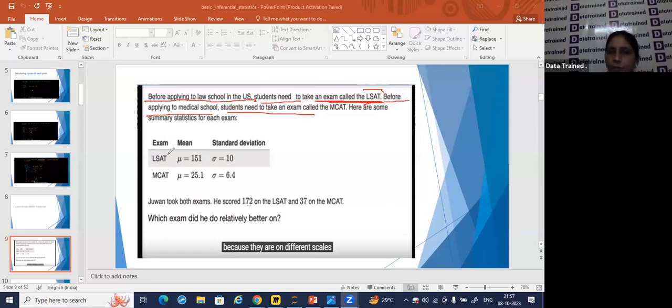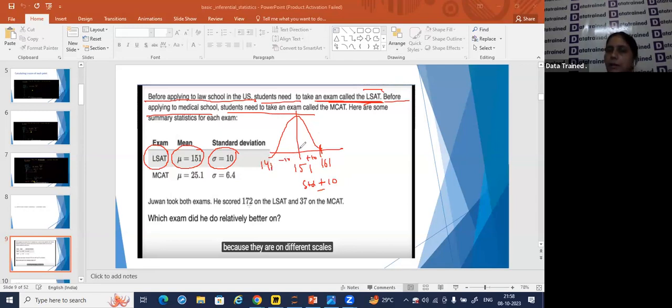Now, when we talk about the LSAT, what is the mean value? 151 is the mean value and the standard deviation is 10. So 161 is mean plus 10, and mean minus 10 is 141.